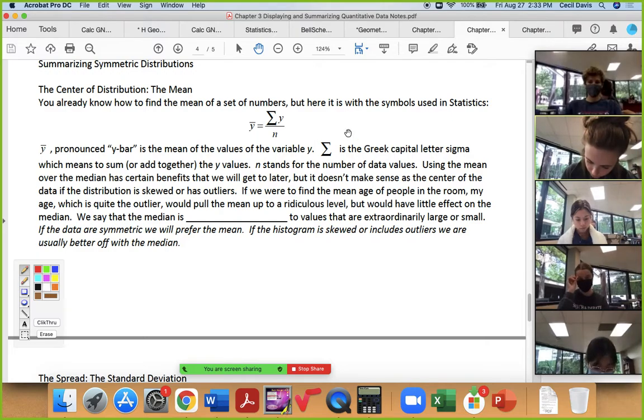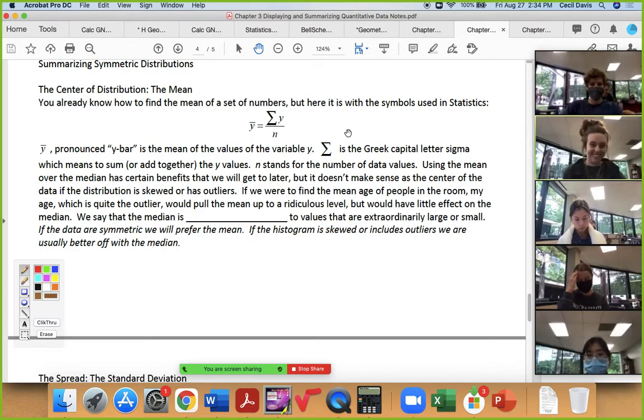So if the data is not symmetric, we'll tend to want to use the median. If the data is symmetric, we're going to prefer to use the mean. We'll go into it in a little while, but one of the things is that the mean can be very affected by outliers, which is in non-symmetric data.